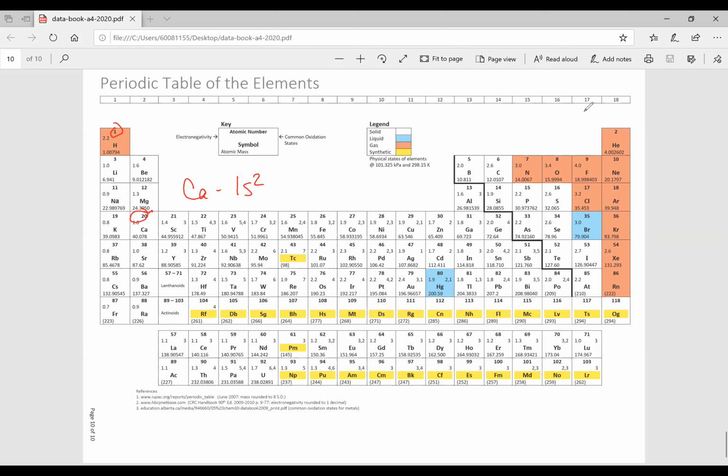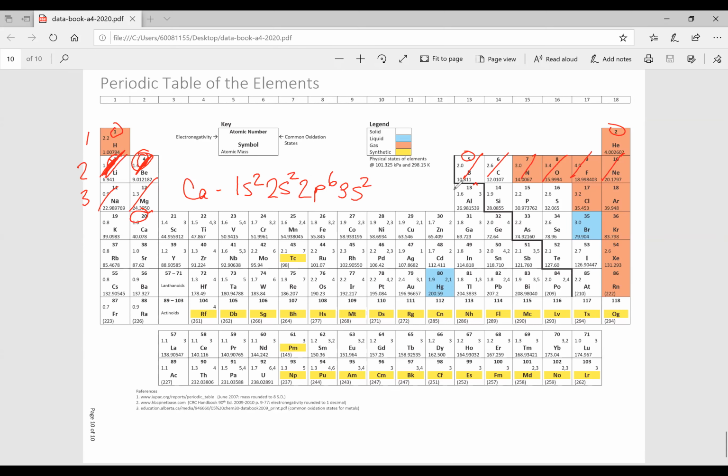So 1, 2, now I go down to 3 and 4. So this would be 2s1, 2s2. Okay, now I just did 4, I'm over on 5. This would be 2p1, 2, 3, 4, 5, and 6. Okay, come down here, 3s1, 3s2.